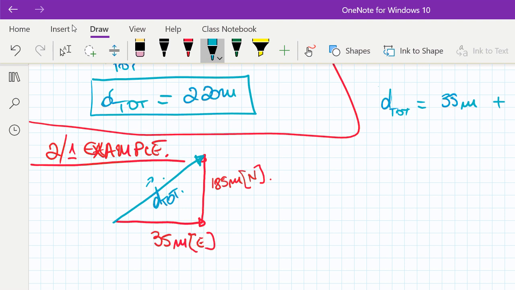But when we are finding the total displacement, we will add the two vectors. And guess what? We know how to do this.